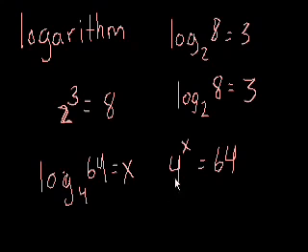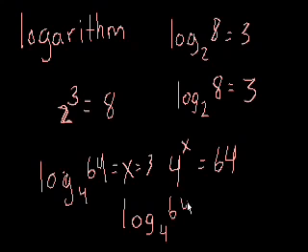Or another way to think about it, 4 to what power is equal to 64? Well, we know that 4 to the third power is 64, so in this case x equals 3. So log base 4 of 64 is equal to 3.